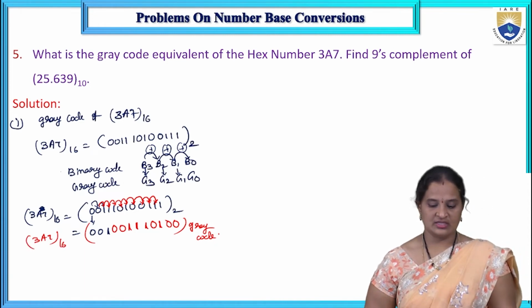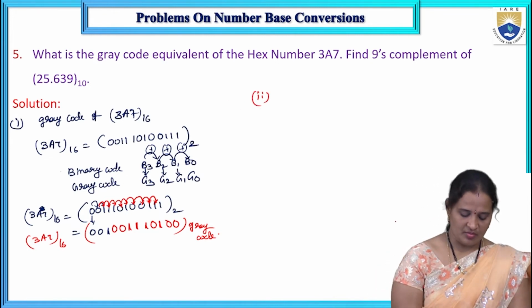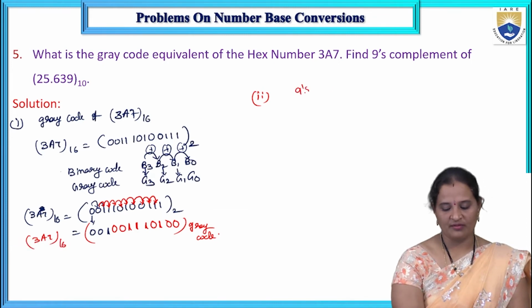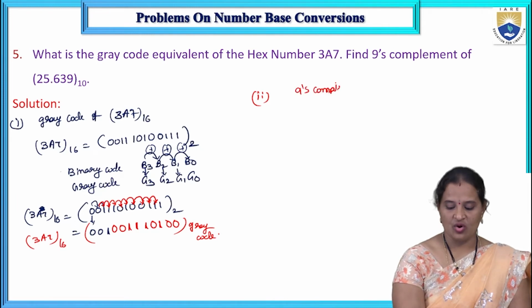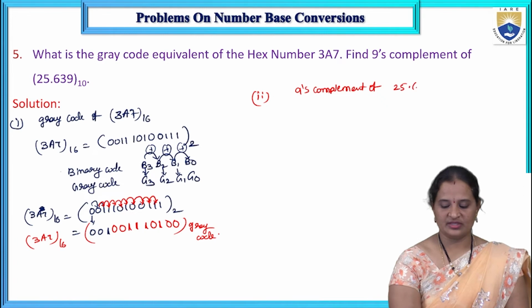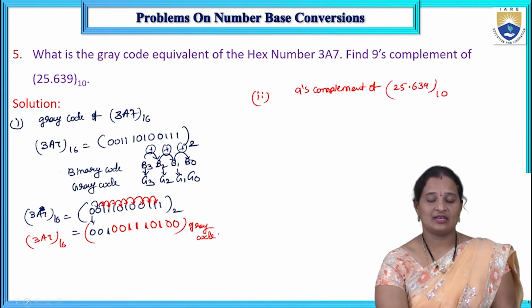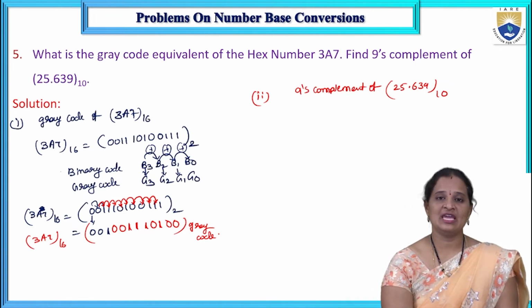Next we have the second problem, that is the 9's complement of 25.639. So how can we get the 9's complement? The 9's complement of any decimal number can be obtained by subtracting each digit of the decimal number from 9.